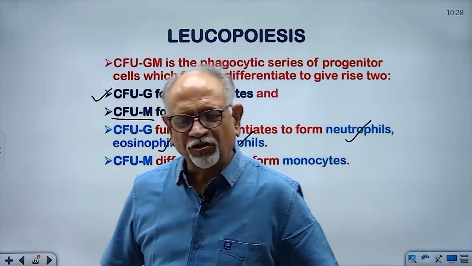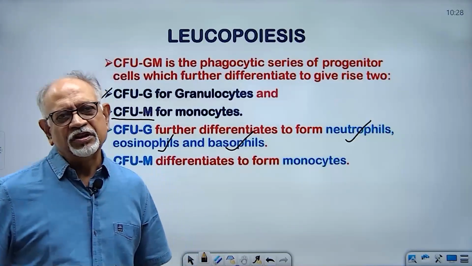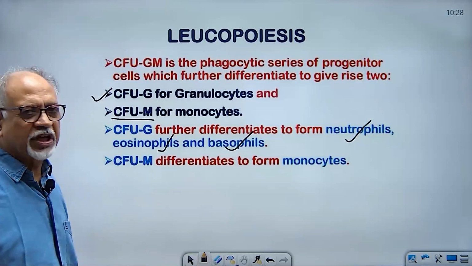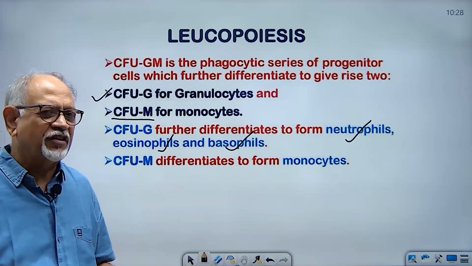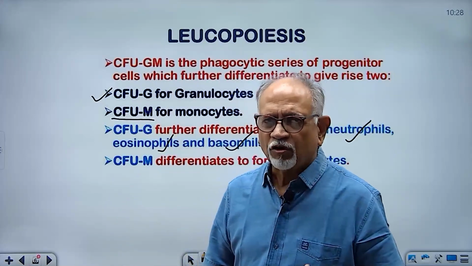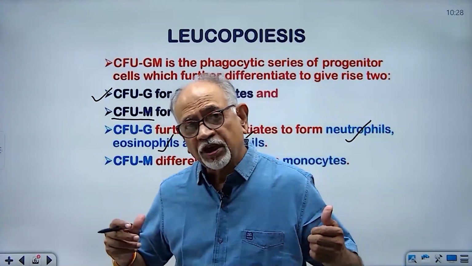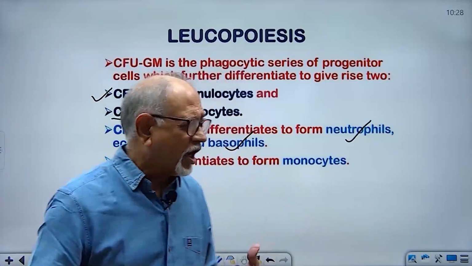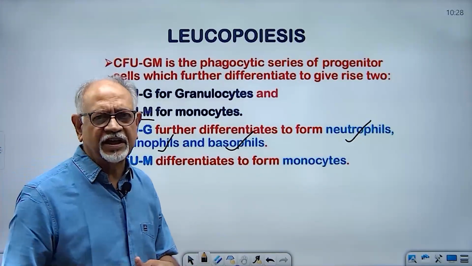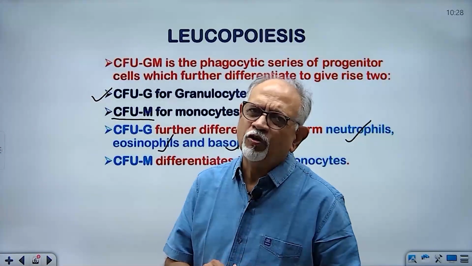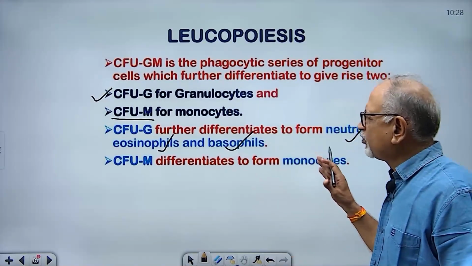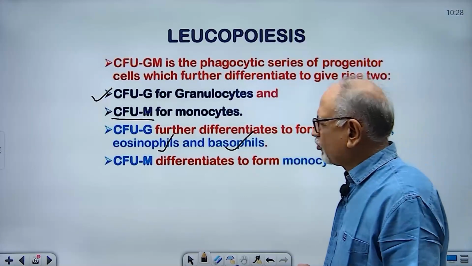These are named according to their staining properties. The neutrophil takes stain from neutral dyes, whereas the eosinophil takes acidic stain. So those leukocytes which take acidic stain are called eosinophils. And the third category is those leukocytes which take basic stains, so they are called basophils.